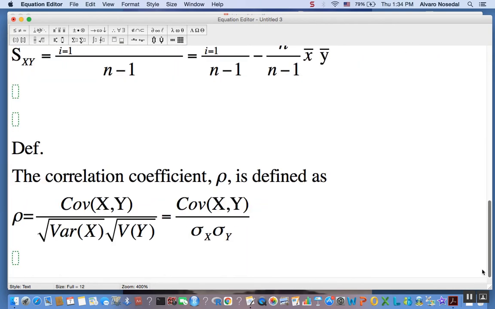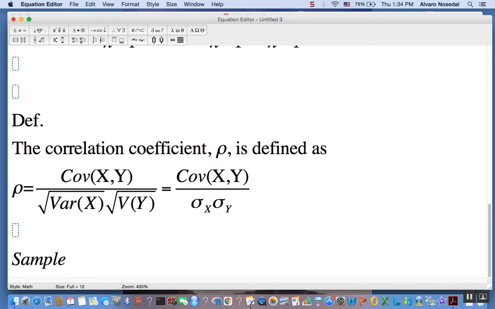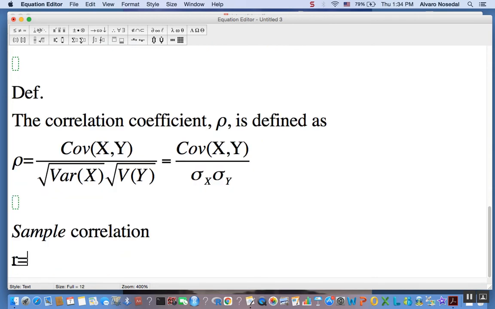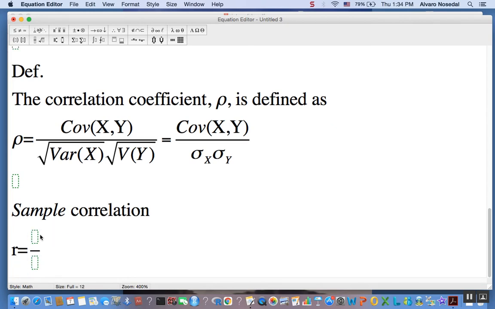And as you can imagine, there's also a sample correlation coefficient, sample correlation, and that's given by R. We're going to be using R to denote the sample correlation coefficient, and it's going to be the sample covariance divided by the sample standard deviation of x times the sample standard deviation of y.